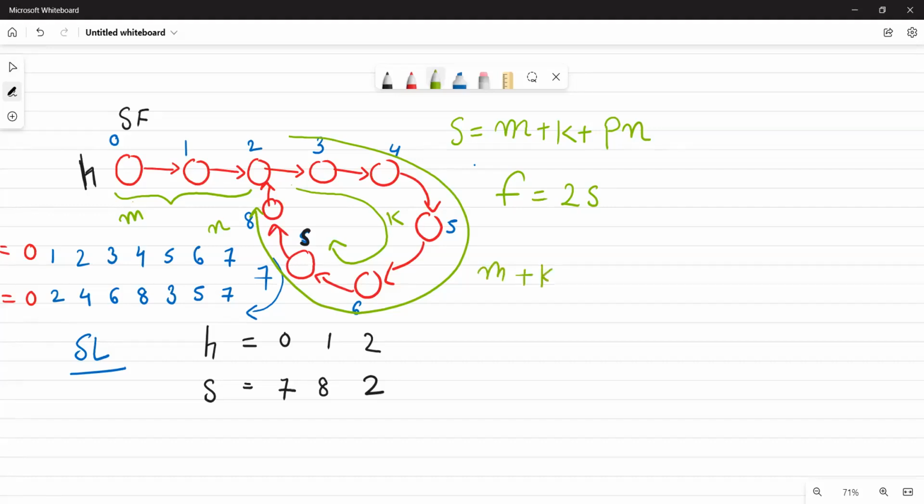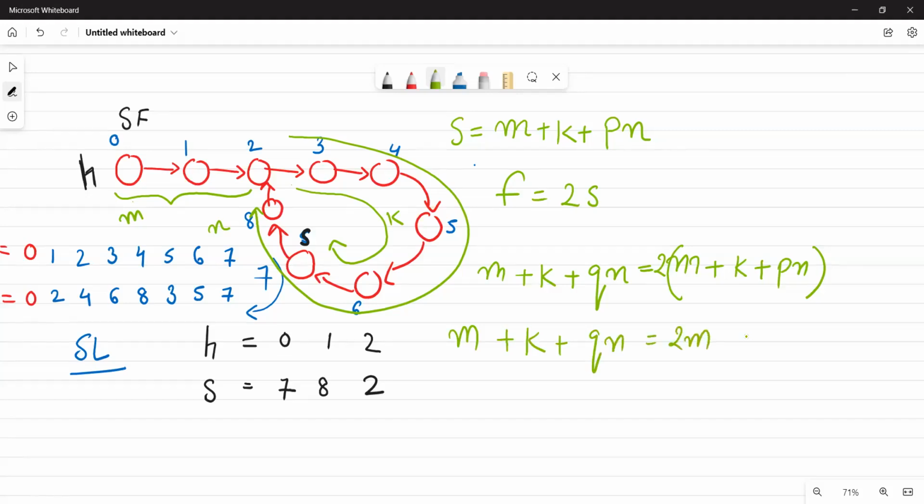M plus K will remain the same, but just imagine that before meeting, it has made Q turns. It's not compulsory that it is gonna make the same number of turns, right? So I'm putting the values. It will be 2 times of M plus K plus Pn. So here you will get M plus K plus Qn is equal to 2M plus 2K plus 2Pn.